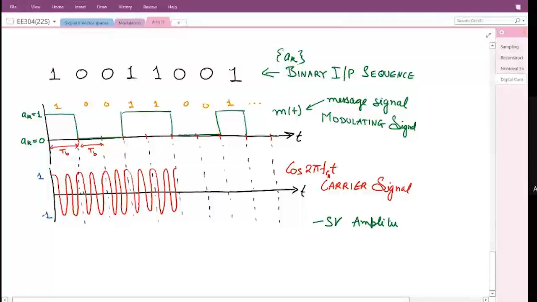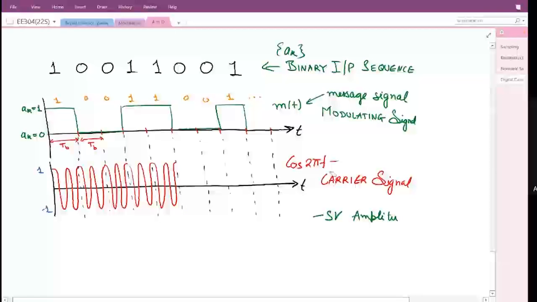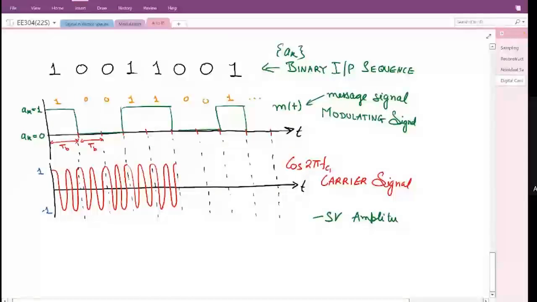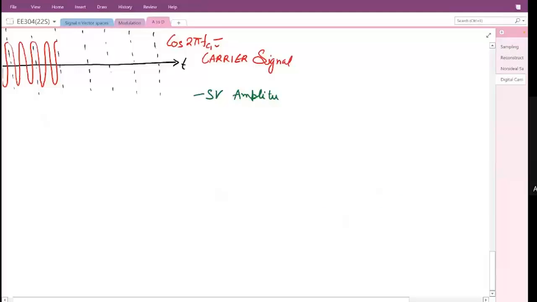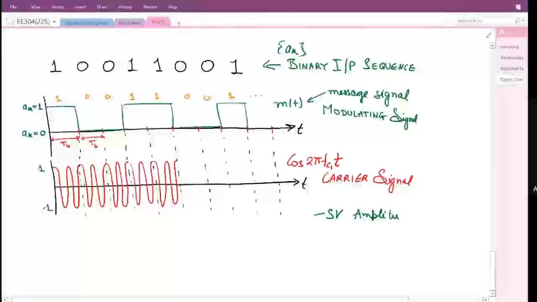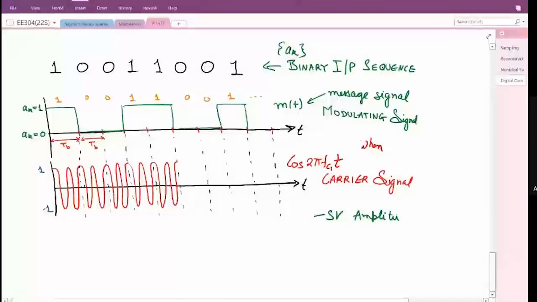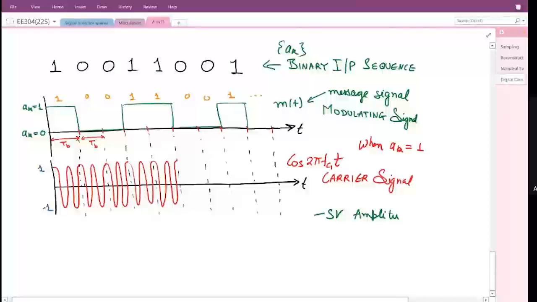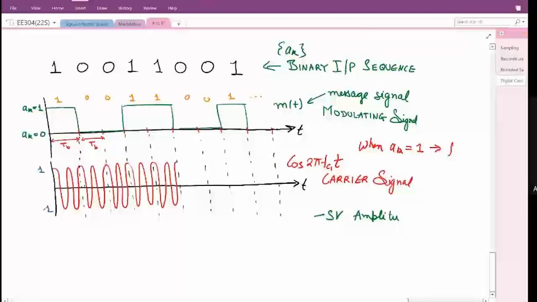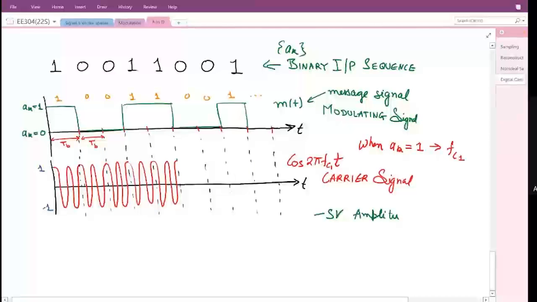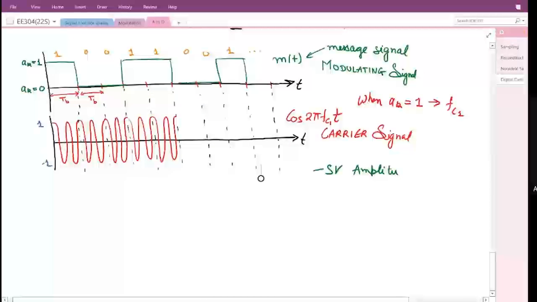If AK is equal to 1, it is going to be modulated by FC1 t. And when AK is equal to -1, let us say AK prime, let me just write it again.